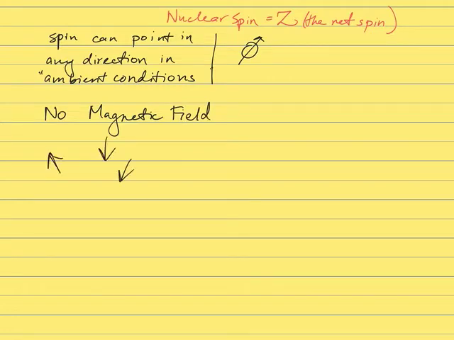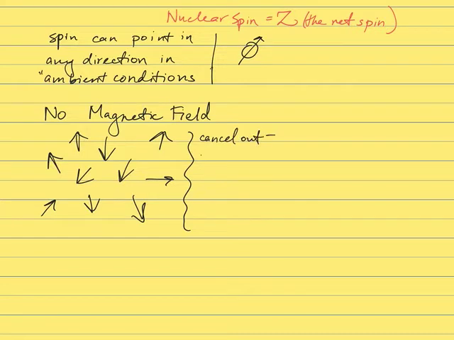So they'll just sort of point every which way. And as a bulk, as a collection, they cancel out. And so there's no net magnetic field from the sample.